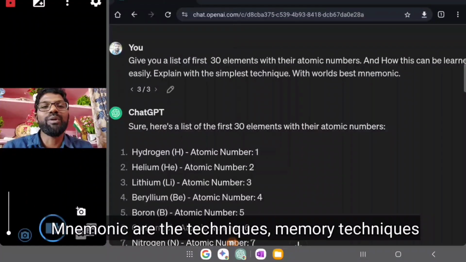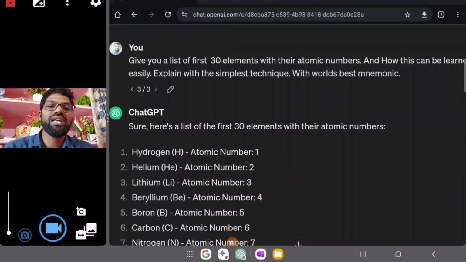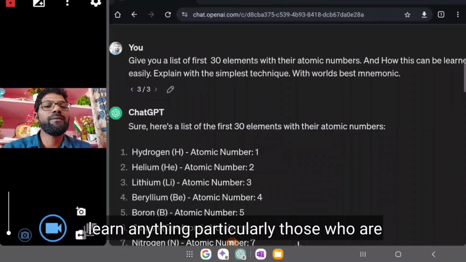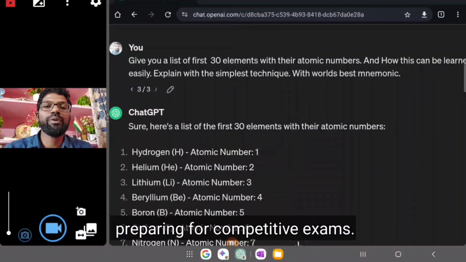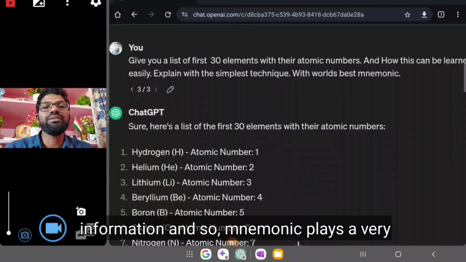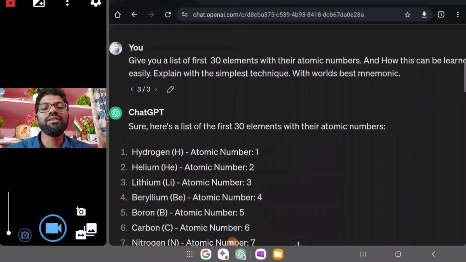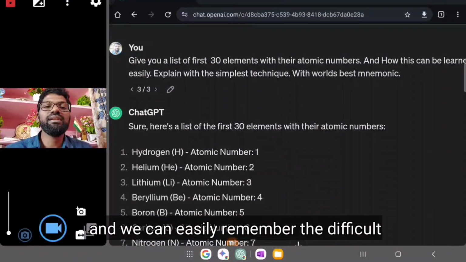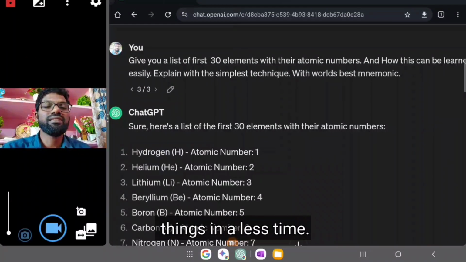Mnemonics are memory techniques which are very helpful for us to learn anything. Particularly those who are preparing for competitive exams need to remember a lot more information, so mnemonics play a very important role, and we can easily remember difficult things in less time.